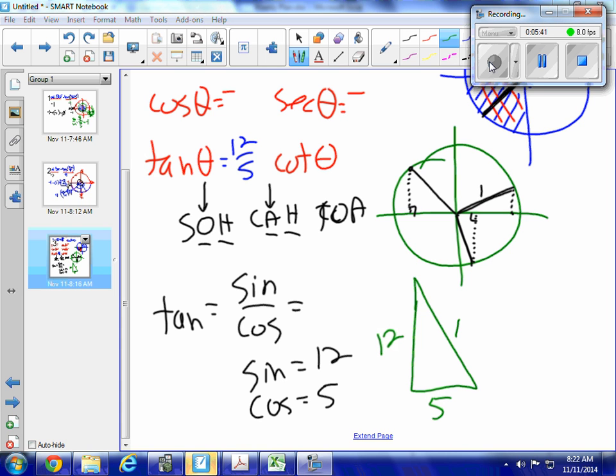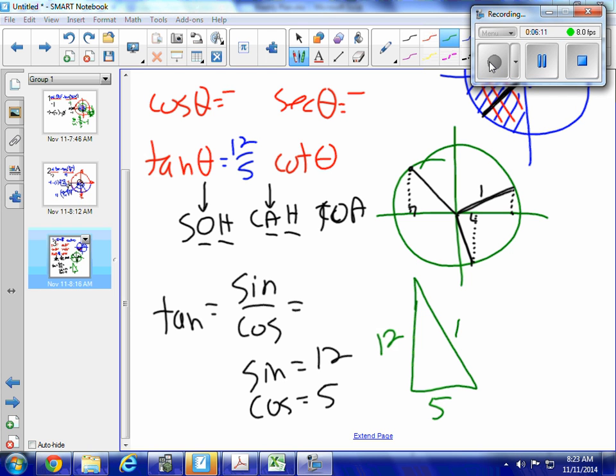The hypotenuse is always the longest side of a right triangle, isn't it? I mean, always. It has to be. It's opposite the largest angle, right? So if sine is the ratio of opposite over hypotenuse, it couldn't be a ratio of 12 over 1, because that would be saying that my hypotenuse is smaller than one of the legs of my triangle.